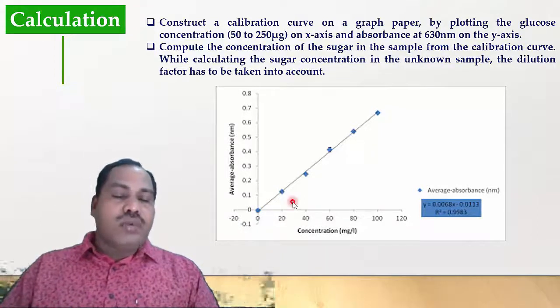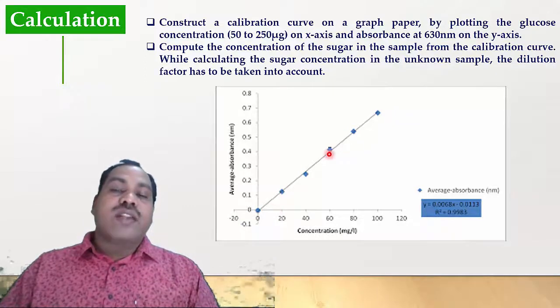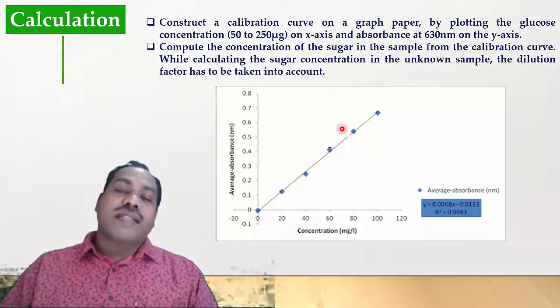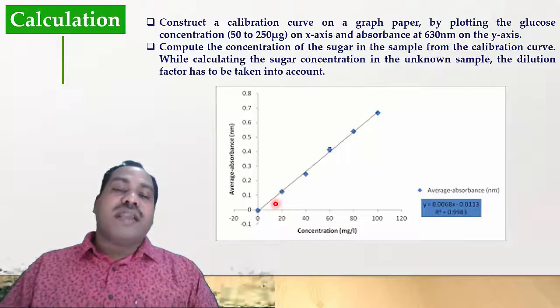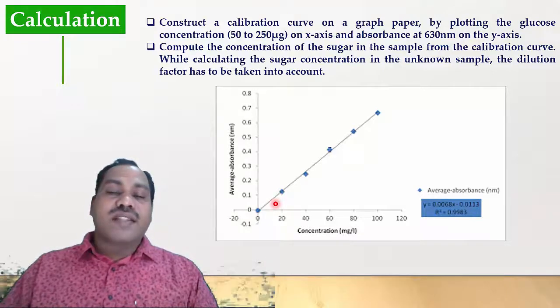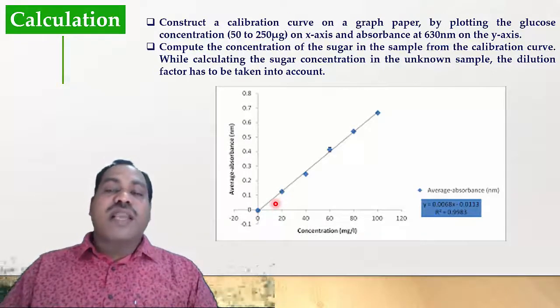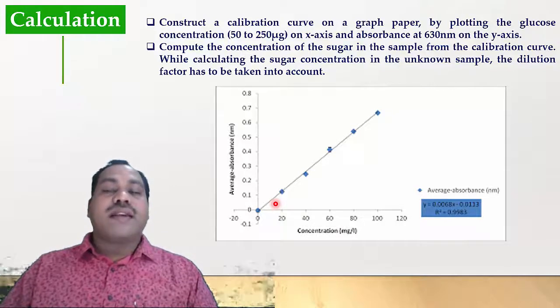Alternatively, we can also calculate the carbohydrate concentration by calculating the epsilon value. First, we have to calculate the epsilon value of the standard curve.